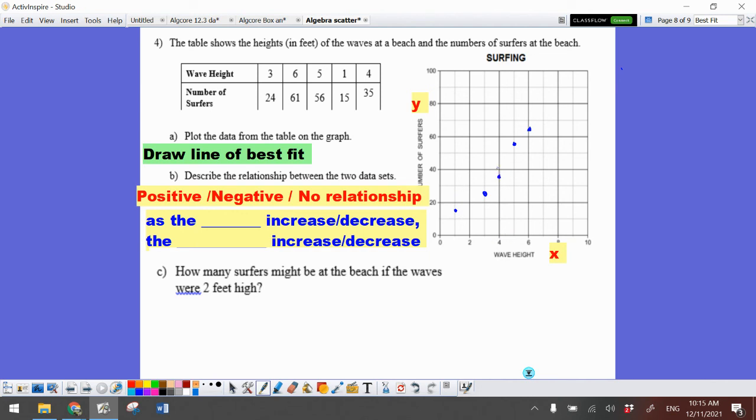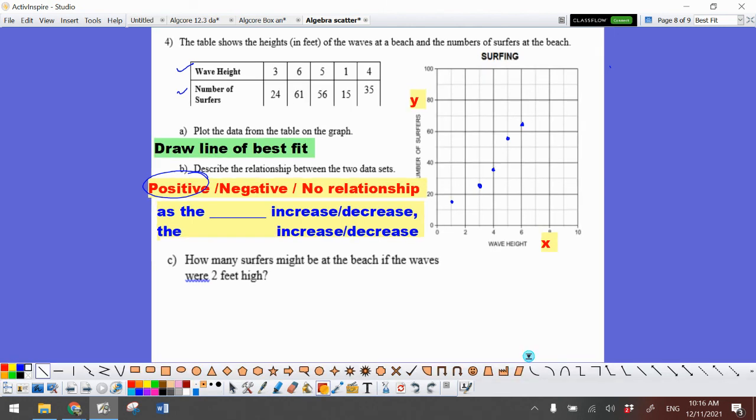So let's kind of look at what this is talking about. This is talking about surfing, and it's talking about the wave height and the number of surfers. Well, it would make sense that the higher the waves, the more people would be surfing. So it should be a positive relationship, okay? As the wave height increases, the number of surfers should increase.